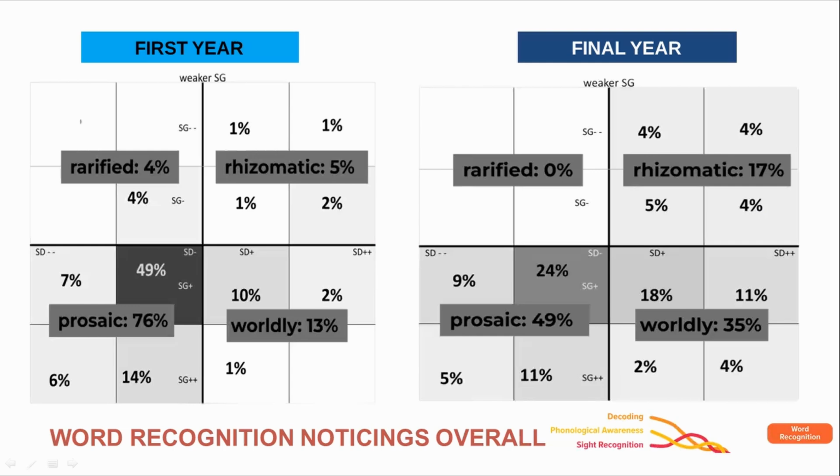And we can see here in the final year noticings, there has been quite a significant shift. So the rhizomatic here refers to less context dependent and more complex. It would be sort of talking about theory without relating it back to what they were seeing in the classroom, which is also valuable.